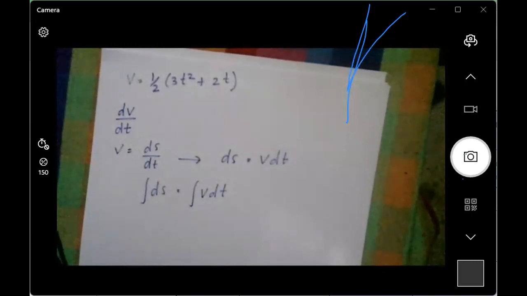When you do that, you will need the initial conditions, but they are given. For that you have very simple questions.